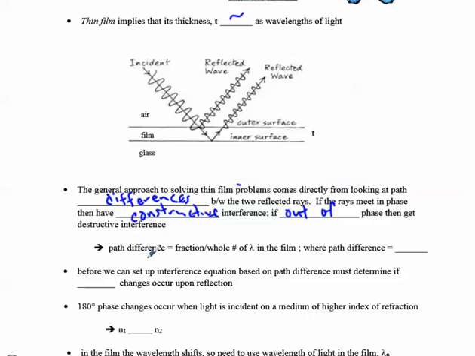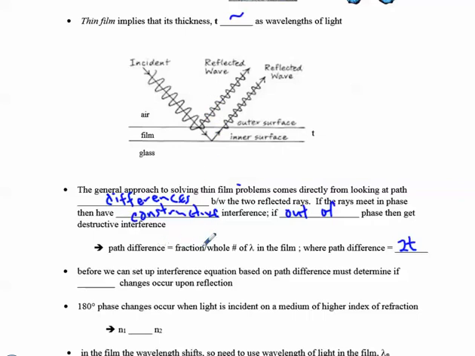The basic idea is that you take the path difference. In almost all the problems, the path difference is going to be nothing more than twice the thickness of the film. The wave has to travel T, bounces back another T before it overlaps the initial reflected wave.